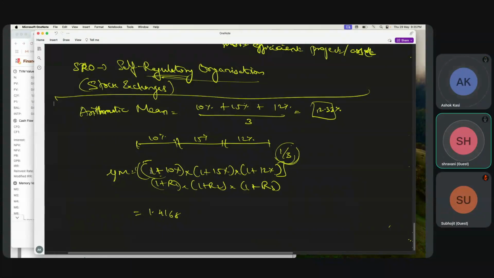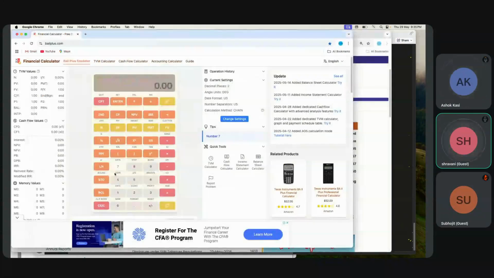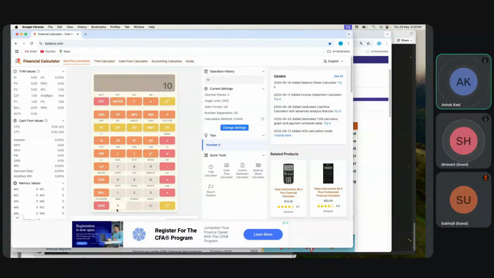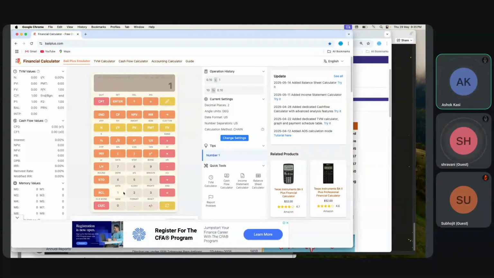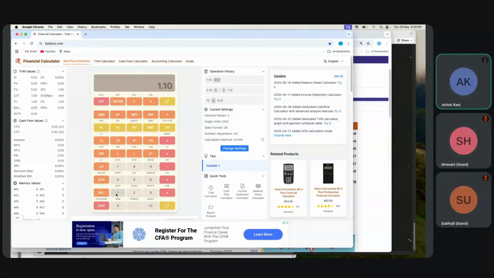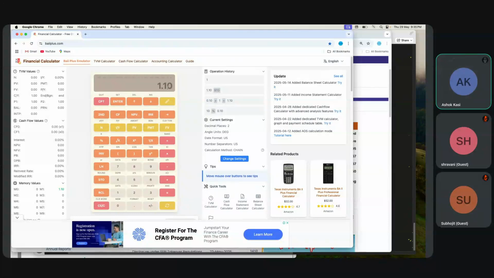That means 10 percentage plus 1 equal to 1.10. Keep it in store 1. Store is memory. When you do this, you will not find any changes on the screen, but it has been stored.